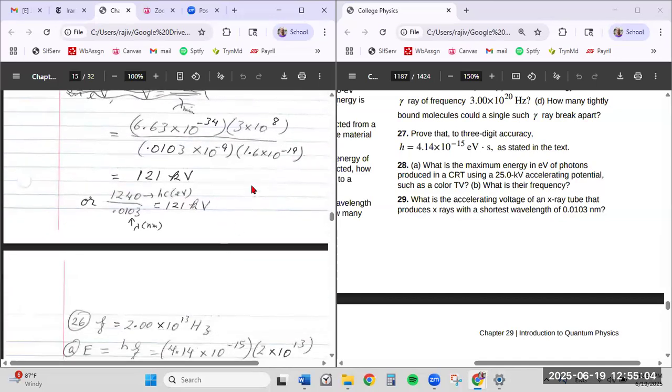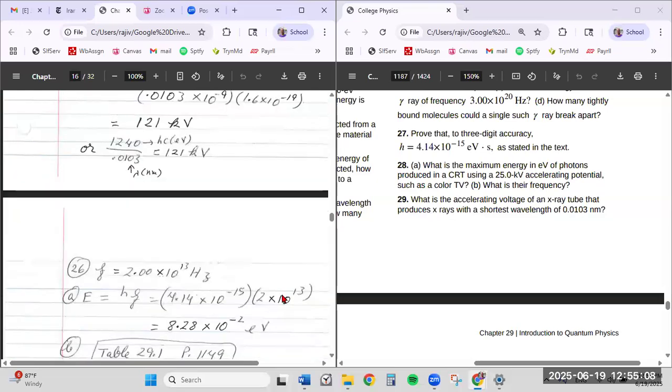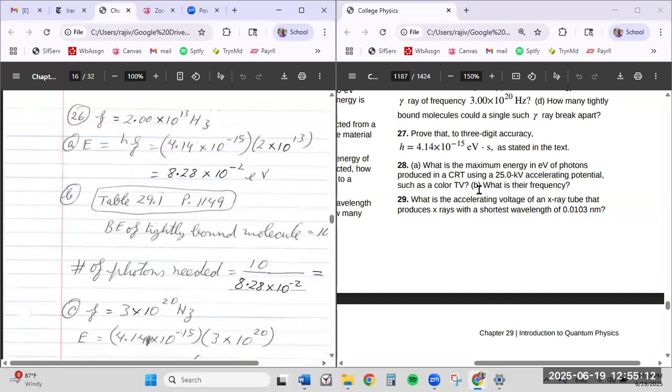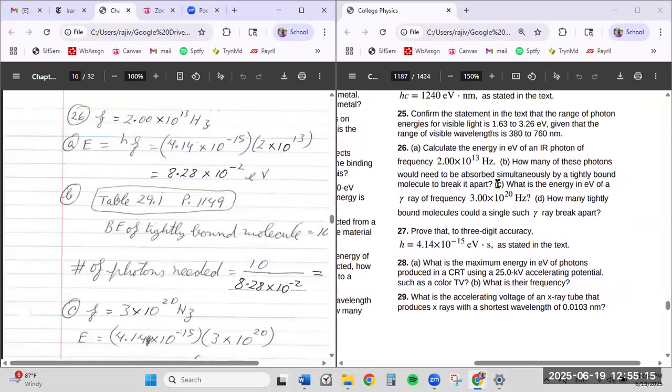Let's look at problem number 26. In this problem, calculate the energy in electron volts of an infrared photon of frequency 2 times 10 raised to 13 hertz.